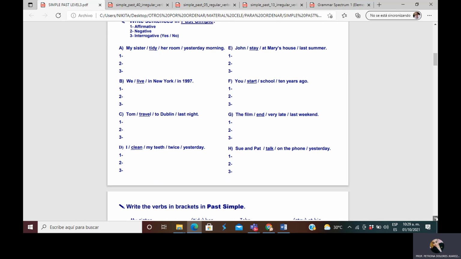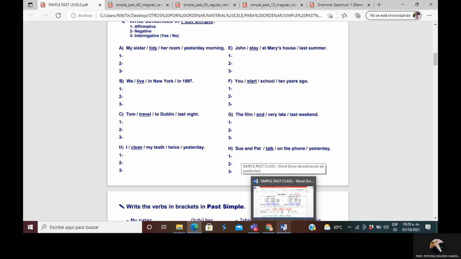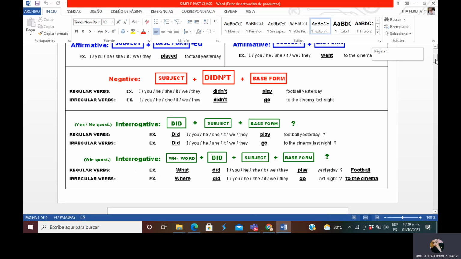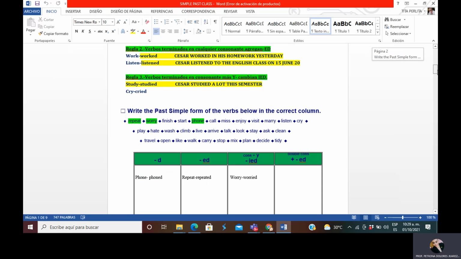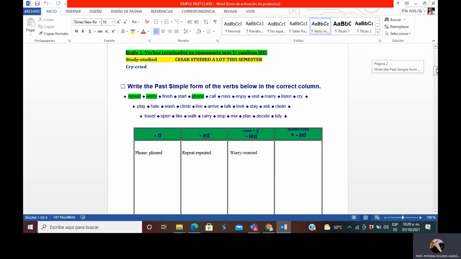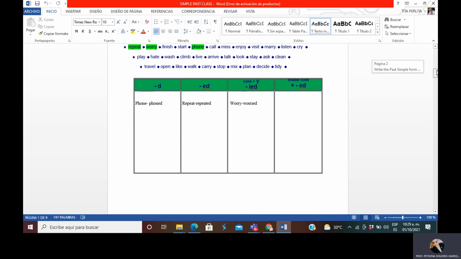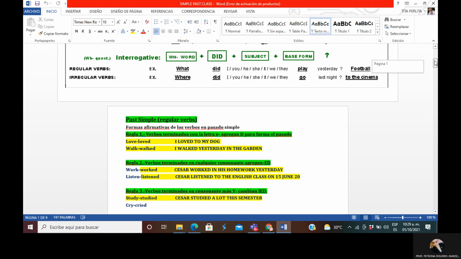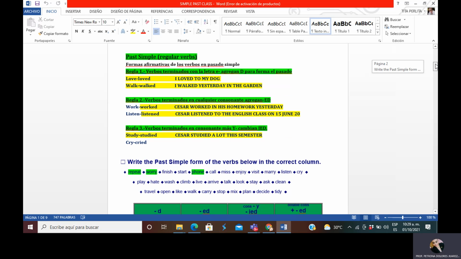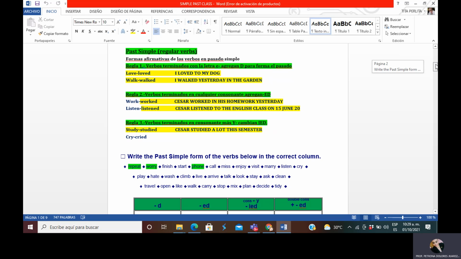Bien, ahora vamos a hacer estas oraciones en forma afirmativa, negativa, interrogativa. Miren, aquí ya tengo yo unos ejemplos que hice. Simple past, formas afirmativas de los verbos en pasado simple. Regla 1, verbos terminados con la letra E, agregan D para formar el pasado.